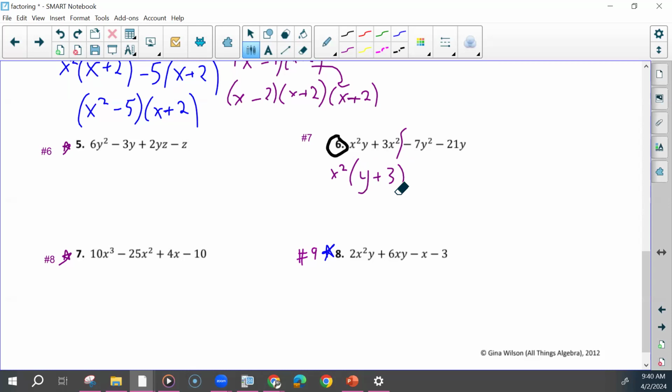Positive 7 and negative 7. And what else? Not just negative 7, but negative 7y. And if we divide that out of both, what's left? Y plus 3. Then what would your final two factors be?